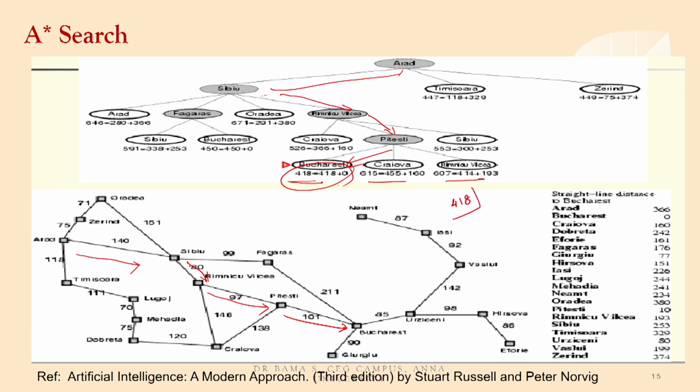And if you remember, this is through A star search. If you remember, through greedy best first we had the value as 450. So, we can say that this is going to be the optimal, and the reason is we are using both the actual cost as well as the heuristic cost in the A star algorithm.